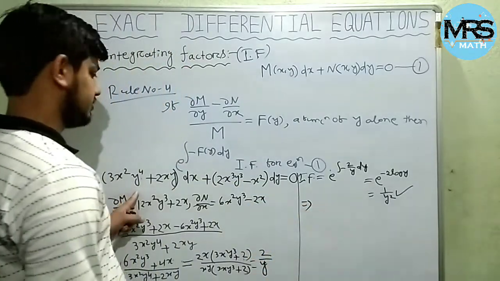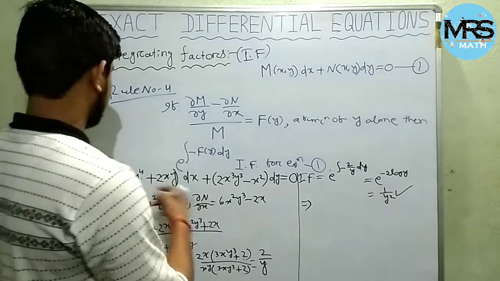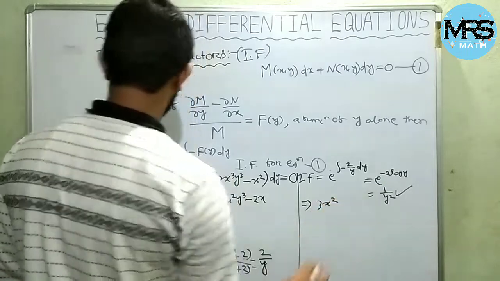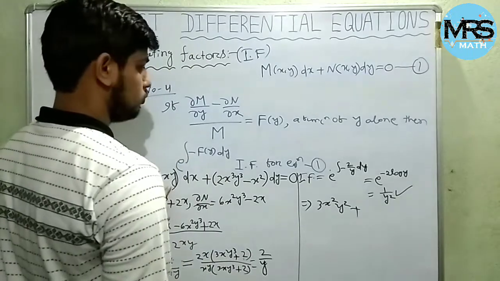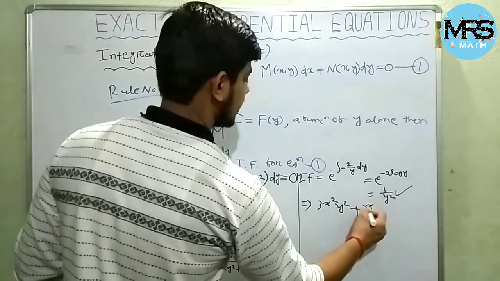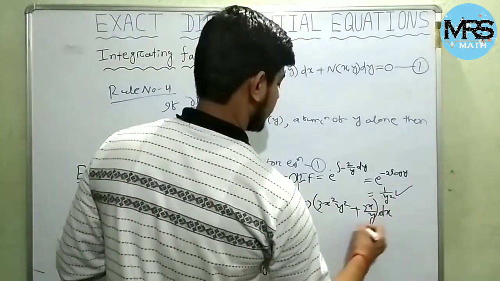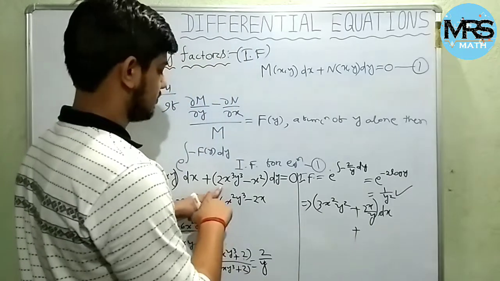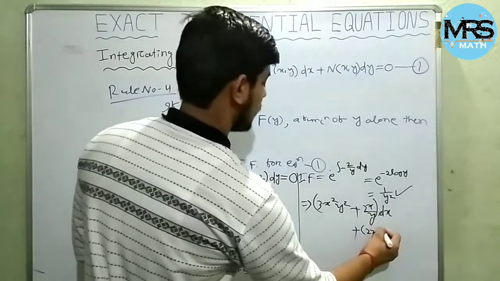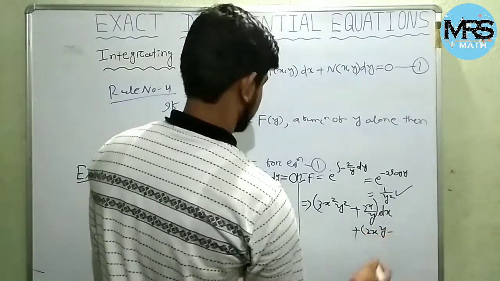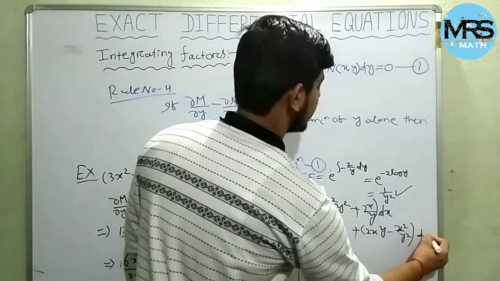What it will come, if we multiply by 1 by y square, then it will become (3x square y square plus 2x divided by y) dx, plus (2xy minus x square over y square) dy equal to 0.